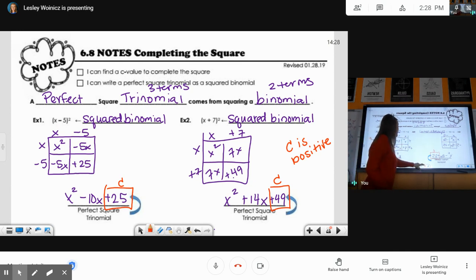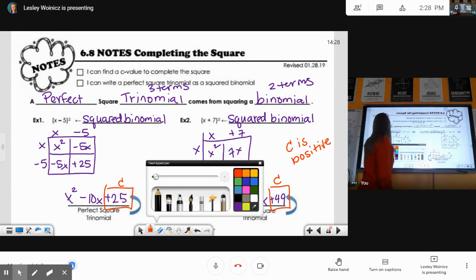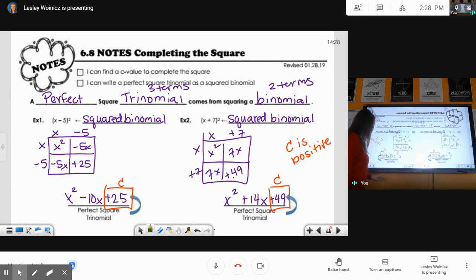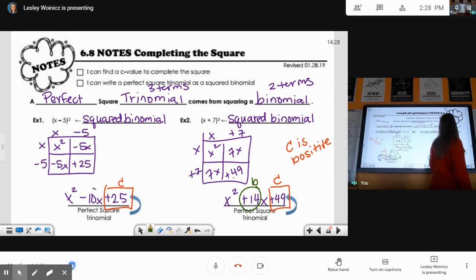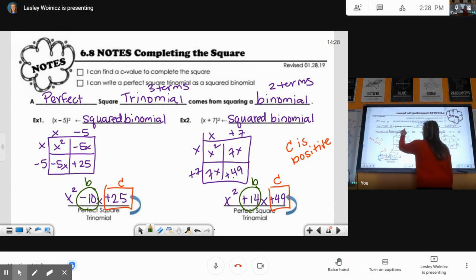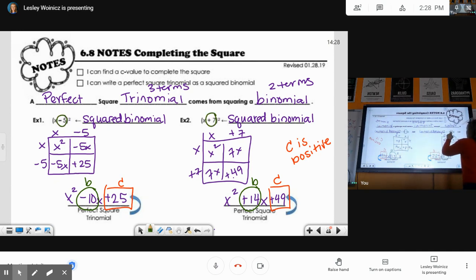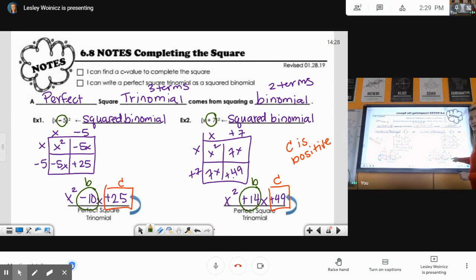It's time to look for our next pattern. The next pattern is going to be looking at the B. Here's a B. Here's a B. Right? And while you're looking at the B's, I want you to look at the corresponding squared binomials over here. So if I have a negative 5, then I get a negative 10.